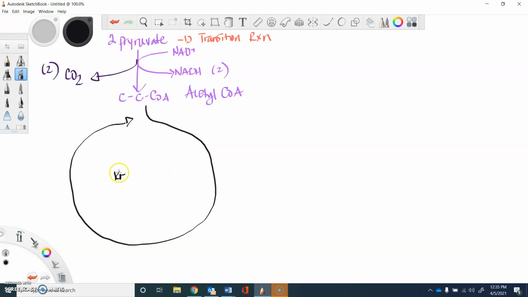So just put Krebs cycle here. It goes in and it links onto a molecule. And that molecule is called oxaloacetate, or OAA. So oxaloacetate.